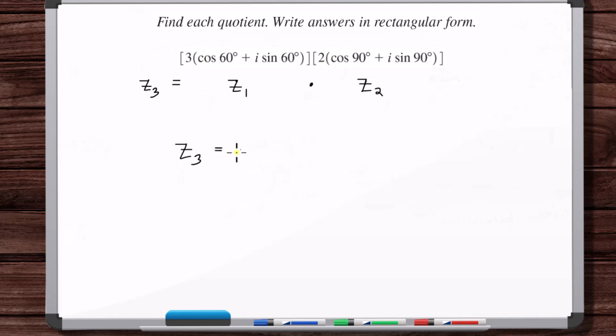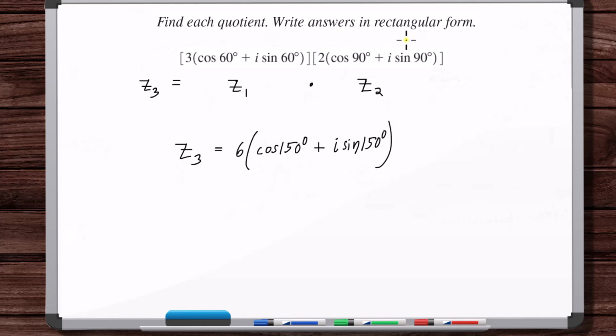We just do 3 times 2 is 6, and then we just add the angles. So 90 plus 60 is 150, and that's going to be theta. Done. That quick, that easy.